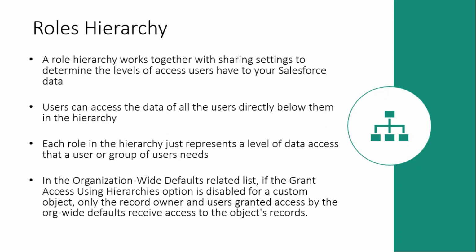So tech lead reports to the manager, manager reports to CTO, CTO reports to CEO. So this kind of hierarchy, right? So CEO can view all the records of the users who are below them, because CEO is at the top of the hierarchy, whereas manager can view all the records of those who are below them, that is all the tech leads' records.